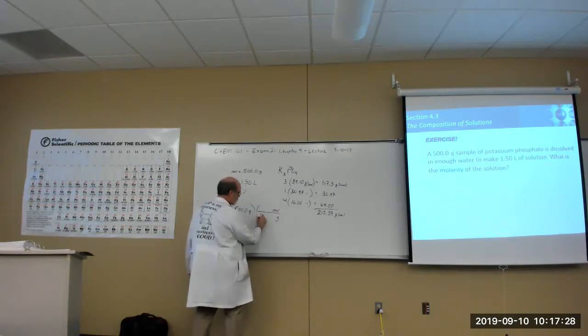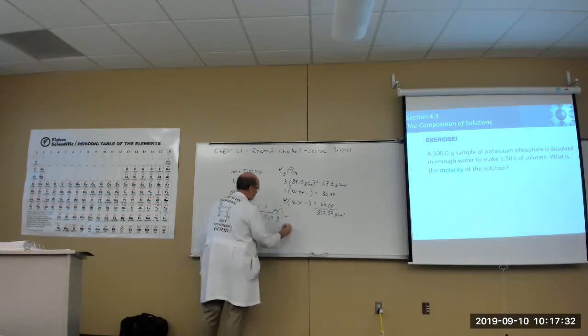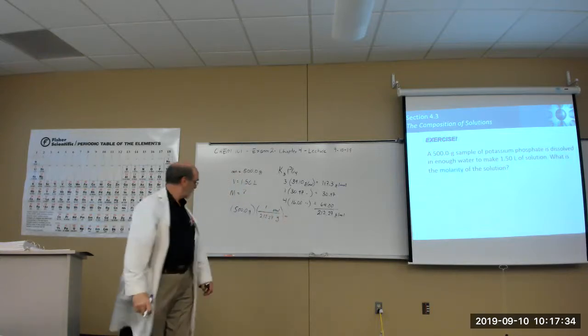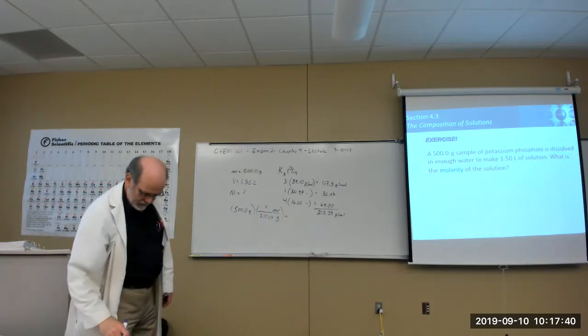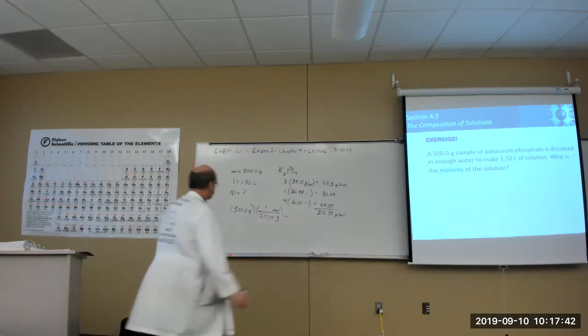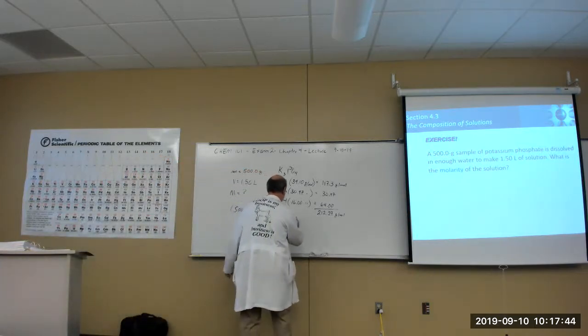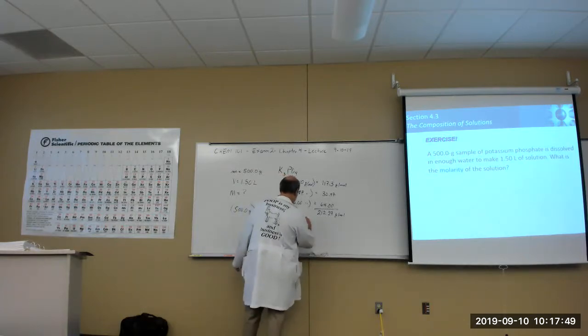So that means 212 goes on the bottom. So we divide 500 by that number, and I get 2.355. And that's moles.